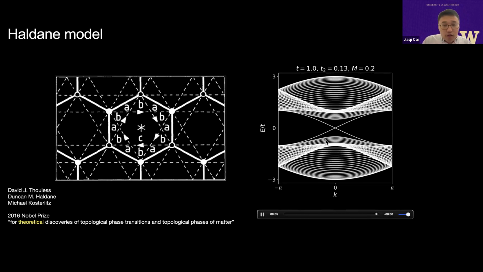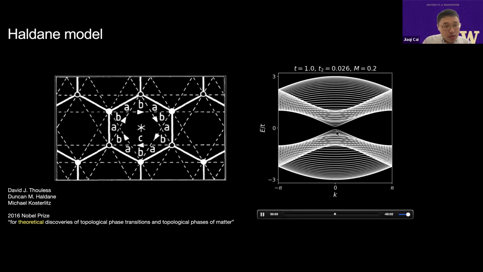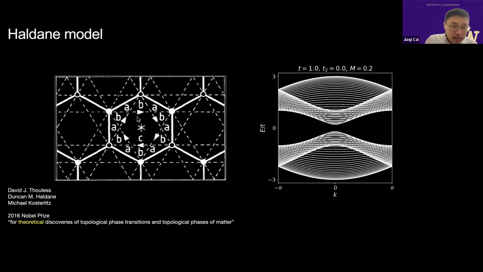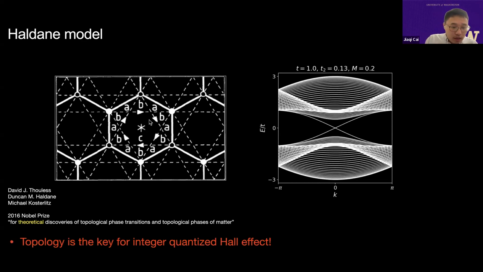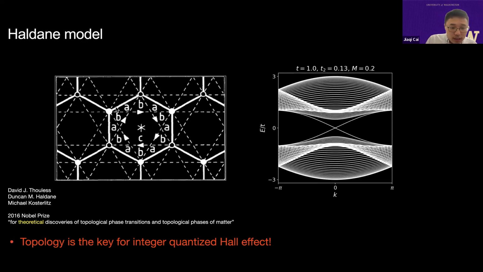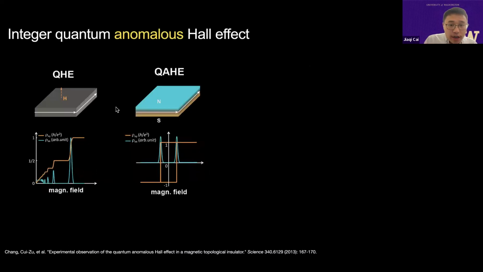If you project it onto a cylinder, for example, you can see the edge states emerge on the ends of the cylinder. It gives us a way to realize this quantized Hall effect without magnetic field in a lattice. A more important thing that the Haldane model tells us is that topology is the key for the integer quantized Hall effect. Along this way, people can design new materials that realize the integer quantum Hall effect without magnetic field.